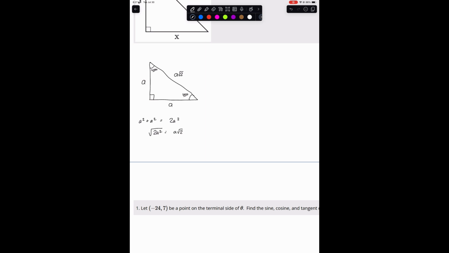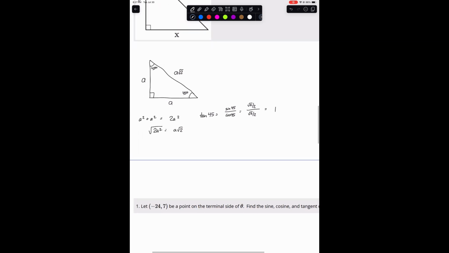Now note that tangent at 45 is sine 45 over cosine 45, which are actually the same values. Root 2 over root 2 equals 1. But this is also the opposite over the adjacent.